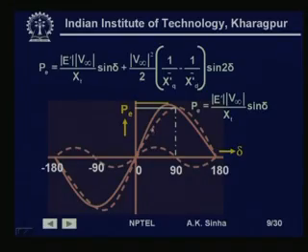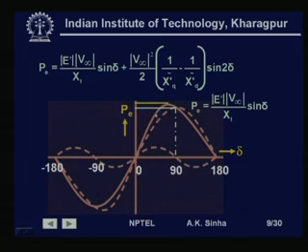So, we have assumed that there is no dynamics or transient taking place, and the system is all the time working in steady state, and that is why we call this the steady state stability limit. The same thing can be seen for the salient pole machine. Here also we will get a P max value, and this is the value which we call the steady state stability limit.